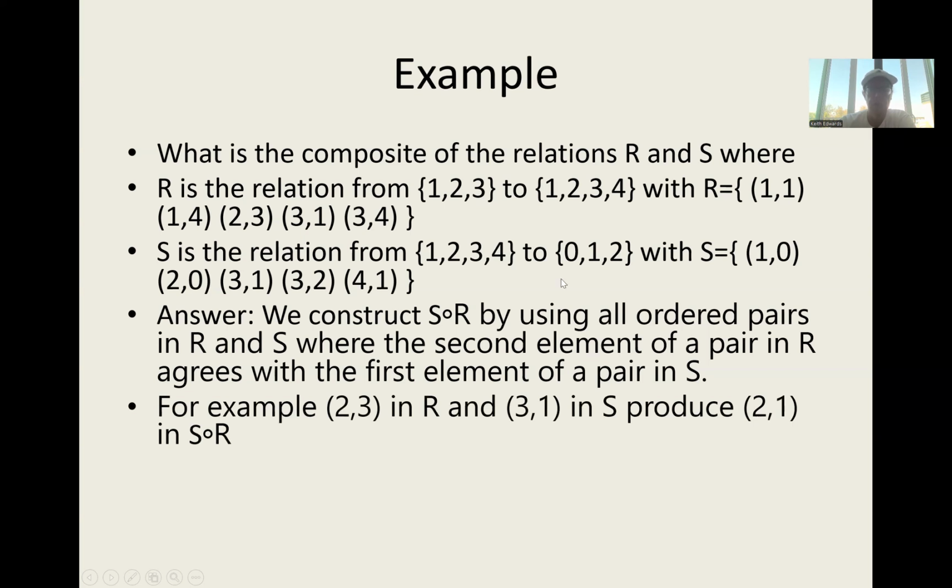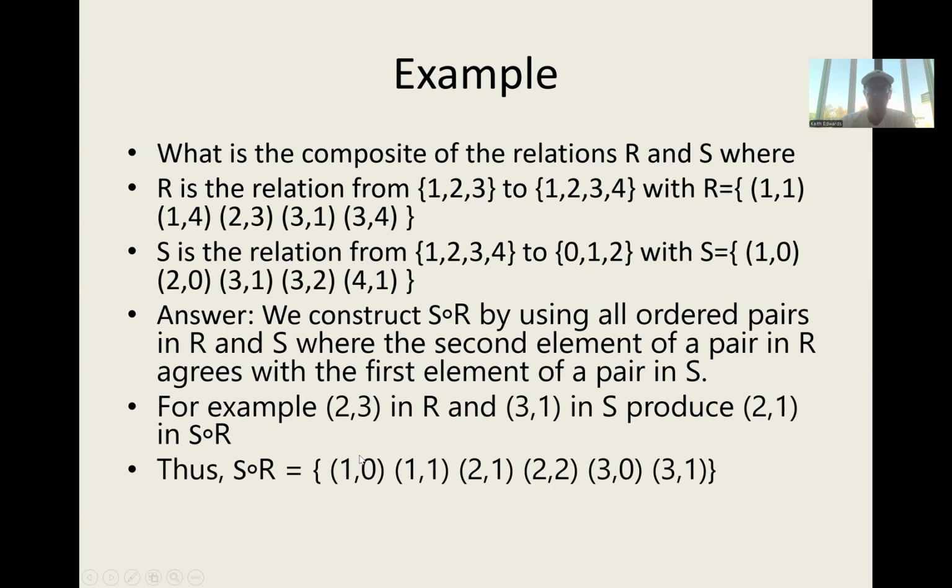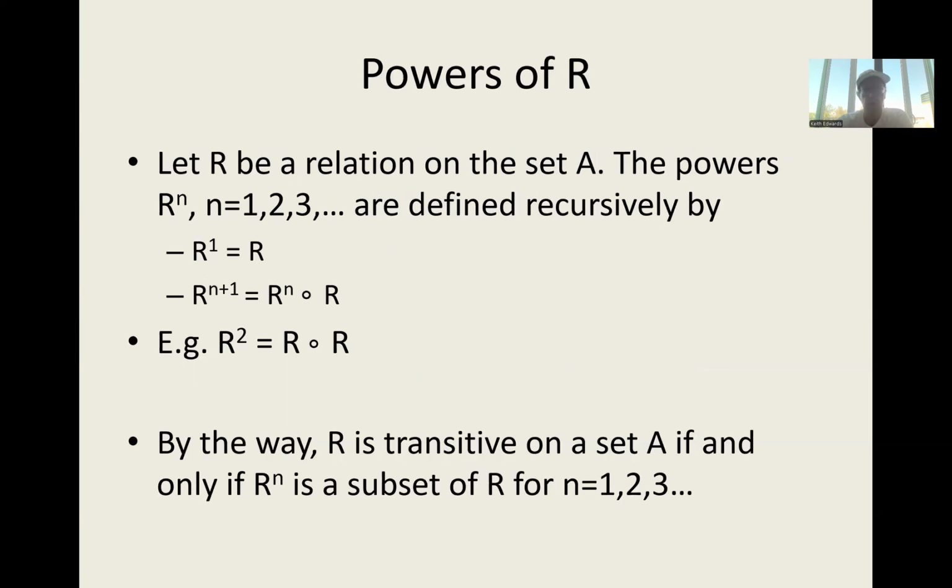So (2, 3) in R would agree with (3, 1). So that would produce (2, 1) in S∘R. So we would get the (1, 0), which is the one I pointed out. The example pointed out in the book was the (2, 3) and (3, 1), which will give you (2, 1). The same with (1, 1), (2, 2), (3, 0), and (3, 1).